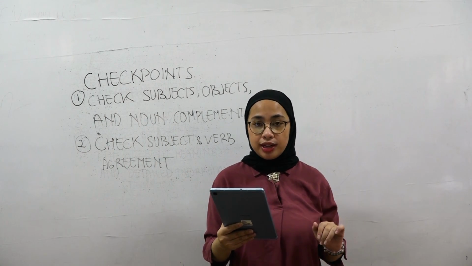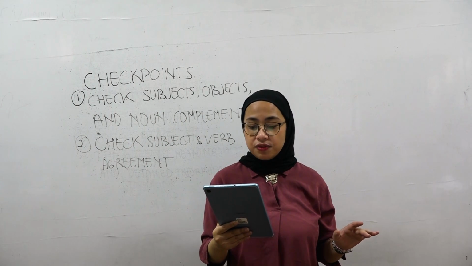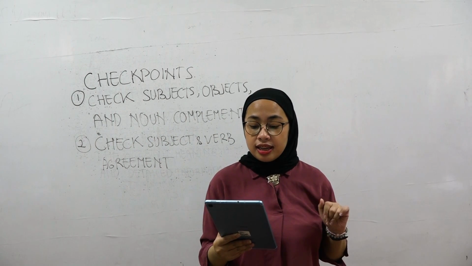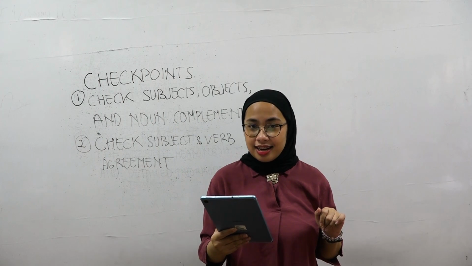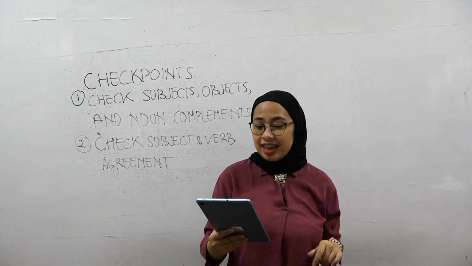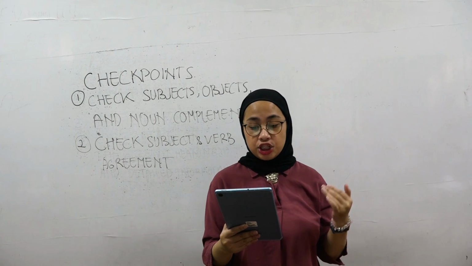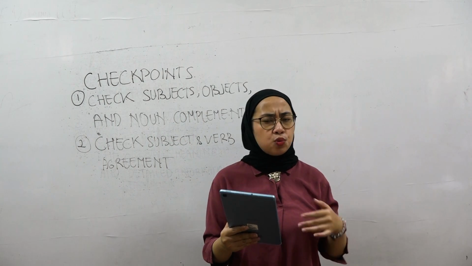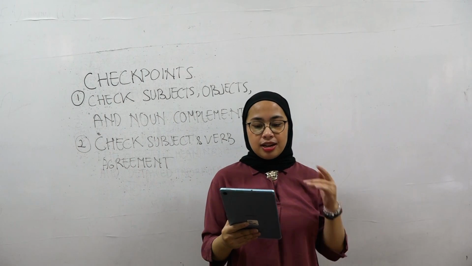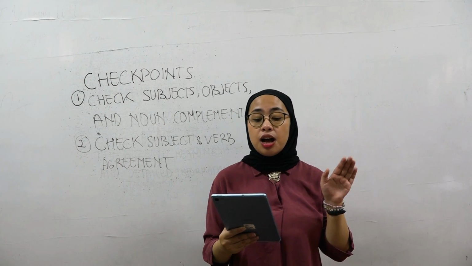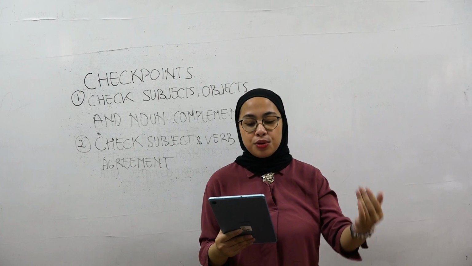I is the subject, gave is the verb, Rina is the indirect object because Rina is the indirect receiver of the action of the sentence. So who is the direct receiver? The direct receiver is a book. I gave Rina a book.